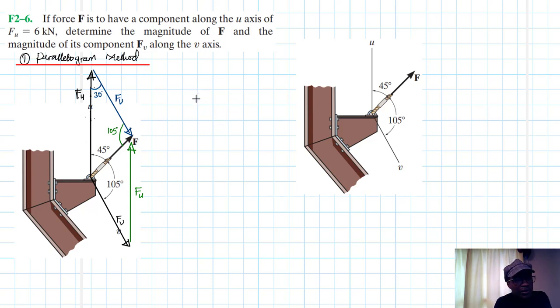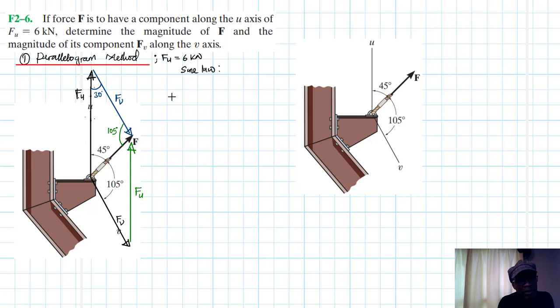Which one are we going to use between sine rule and cosine rule? We have Fu, and we have the angle, so we are going to use the sine rule. Fu here is already given, equal to 6 kilonewtons.